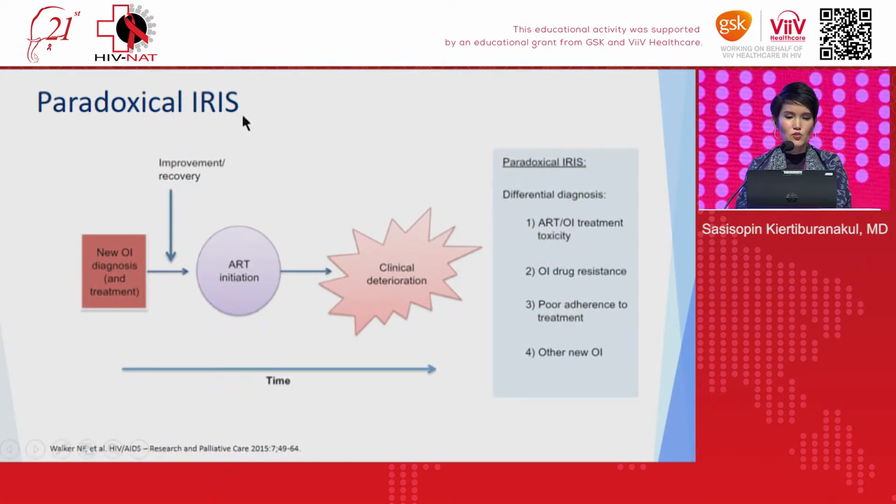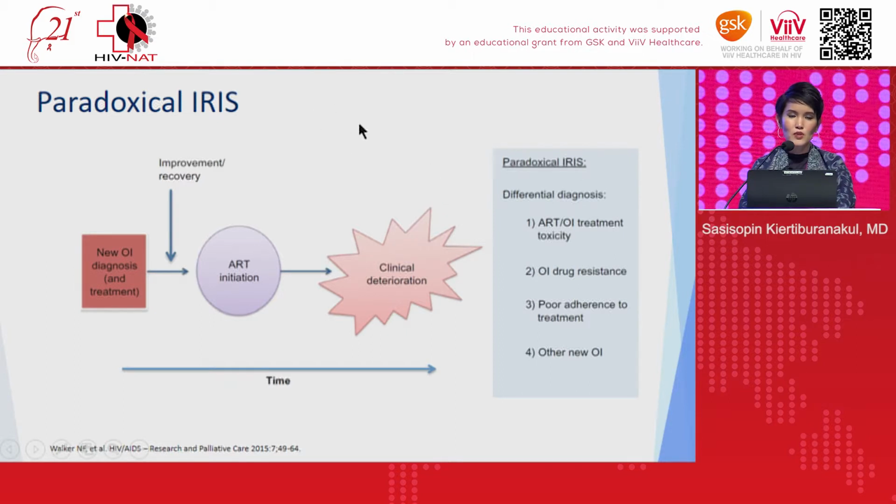Some of you may have had a patient with a paradoxical IRIS, which is when you have an opportunistic infection diagnosed and treated, and then the patient improves, and then you start ART, and the patient's clinical presentation deteriorates again.